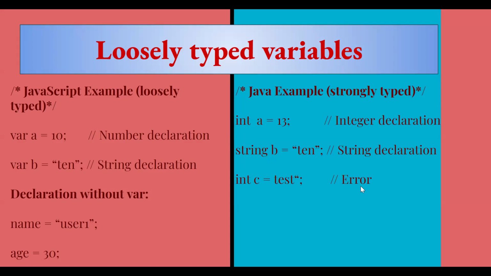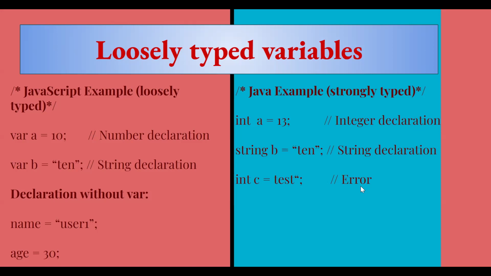Declare a variable without var keyword. JavaScript allows variable declaration without var keyword also, but you must assign a value when you declare a variable without var. For example, name equals user1, age equals 30.